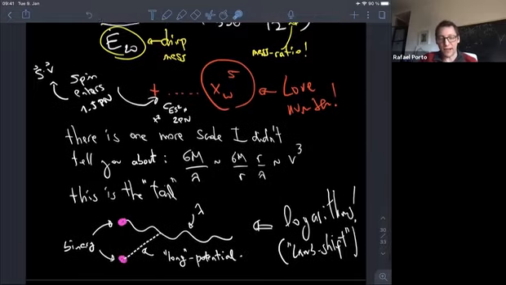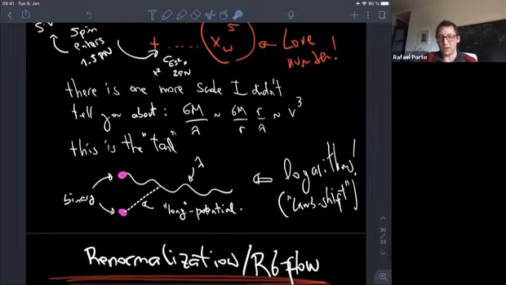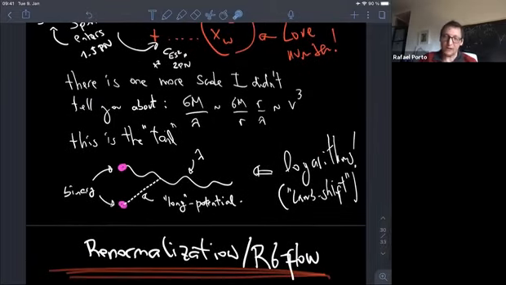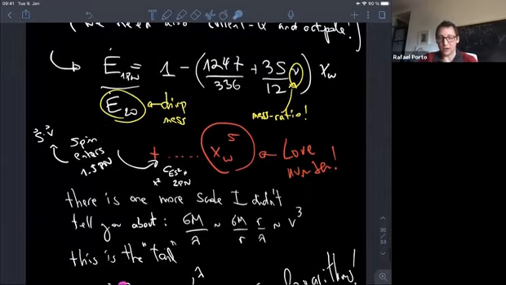In fact, in the binding energy, it doesn't give me a log in the real part. In the binding energy, there will be a log of x at some point. In fact, it enters at 4PN. But there will also be a 1.5PN correction here due to the tail. So there will be here an x to the 3/2, a 4 pi x to the 3/2.